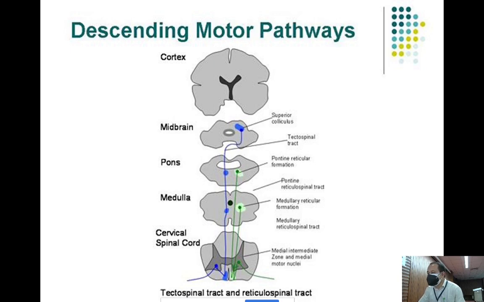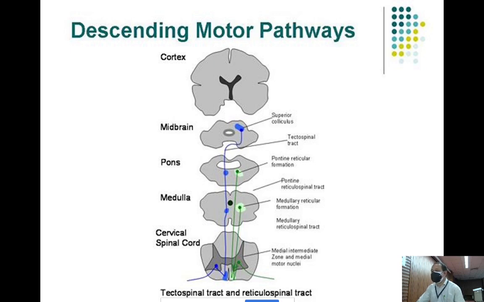Of course, as you've seen in the earlier slide, it may receive impulses from the motor cortex, but it has been shown that it receives signals from various parts of the brain: from the motor cortex itself, from the thalamus, hypothalamus, even from the cerebellum.